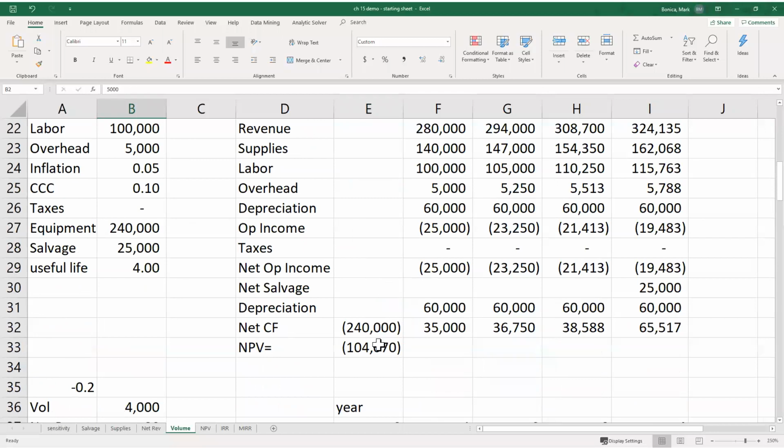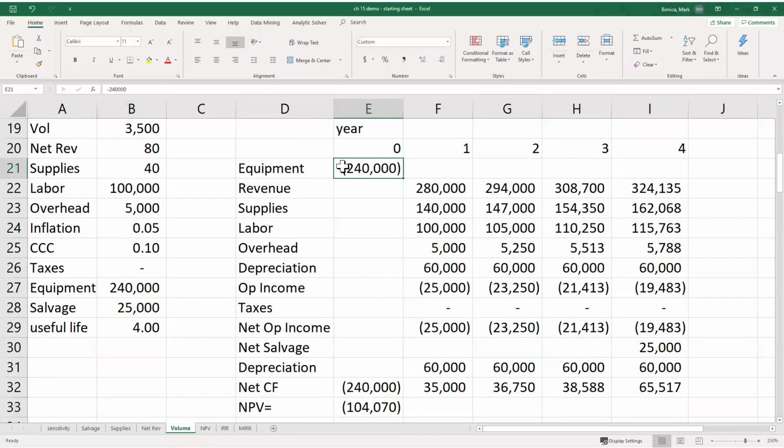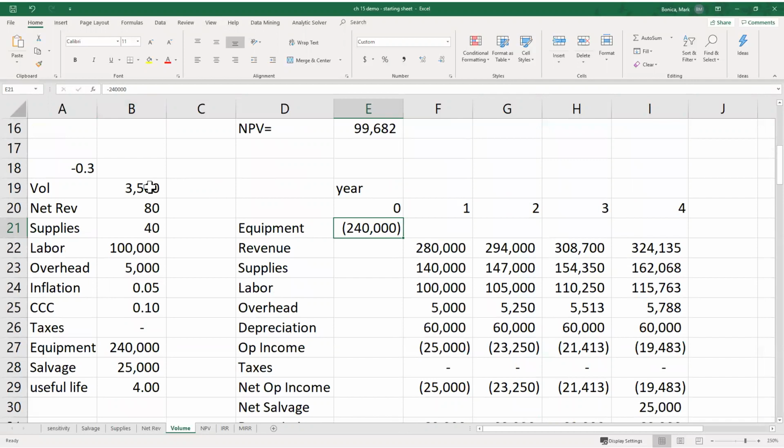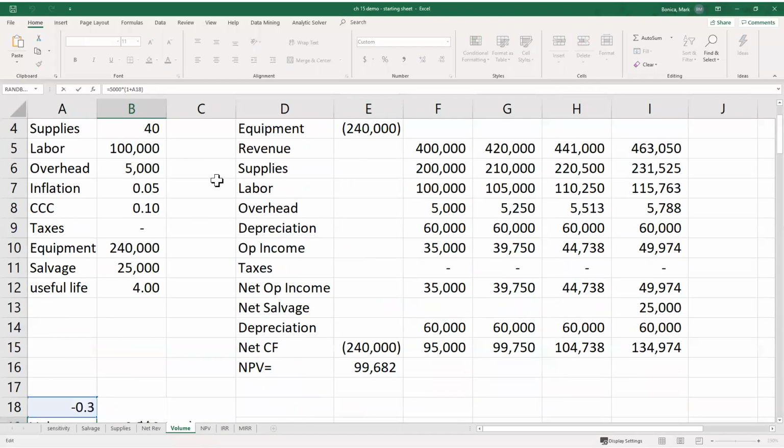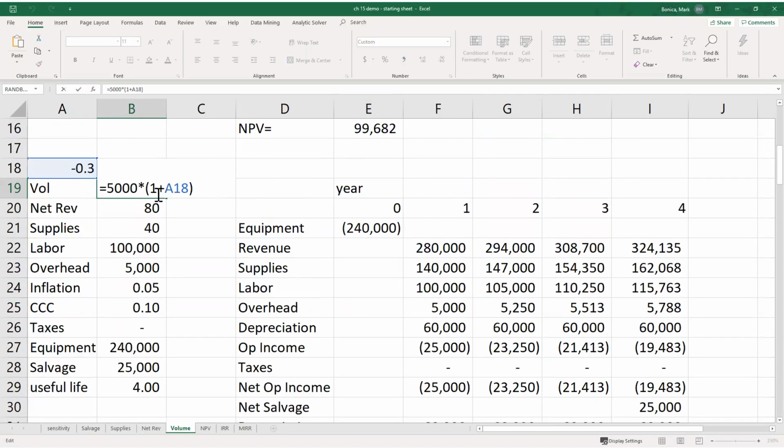And we calculated the NPV if the volume was off by 30%. 5,000 was the base, so we multiplied 5,000 times 1 minus 0.3, which gets us 70% of 5,000.